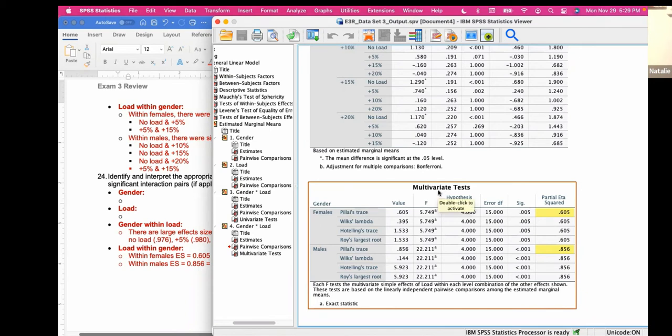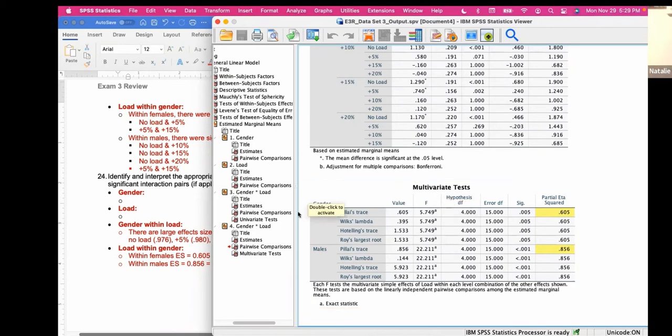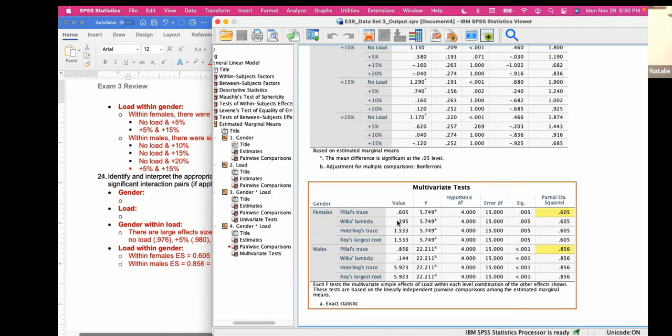If you're looking at differences between a between subject factor, it comes out as a univariate test, which is what is on this one here. But in either case, interaction effect sizes are going to be in the table underneath the pairwise comparisons. So just make sure you visit both.